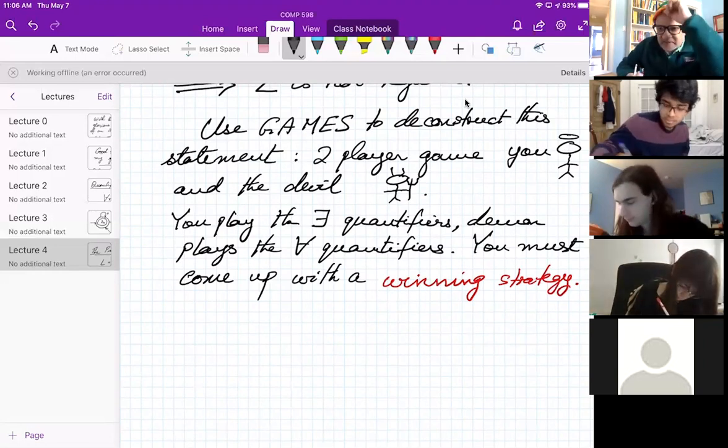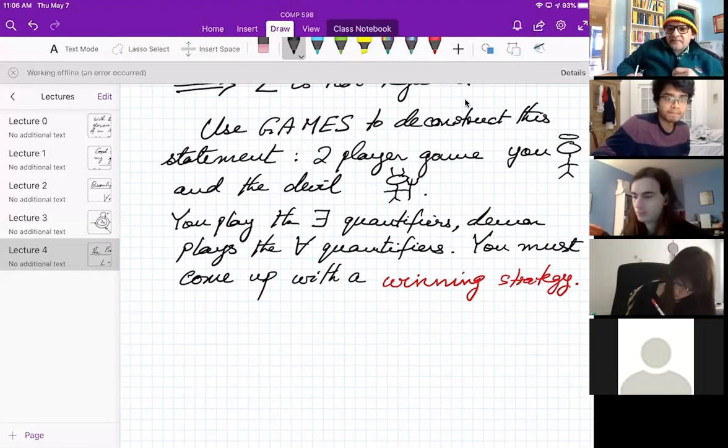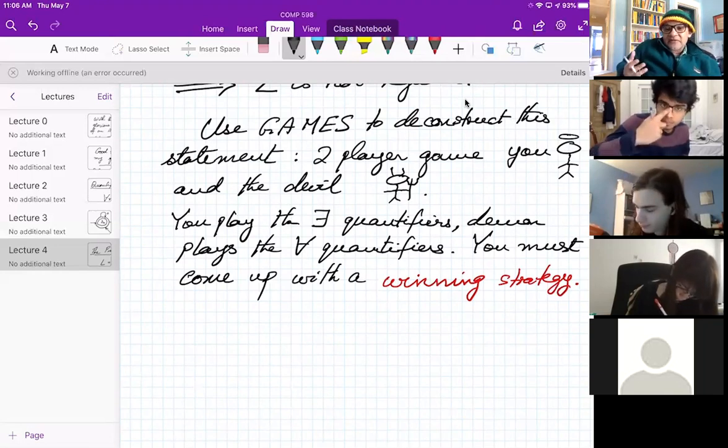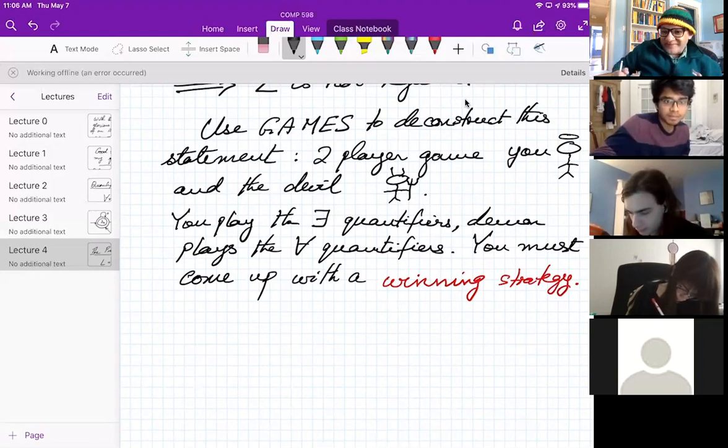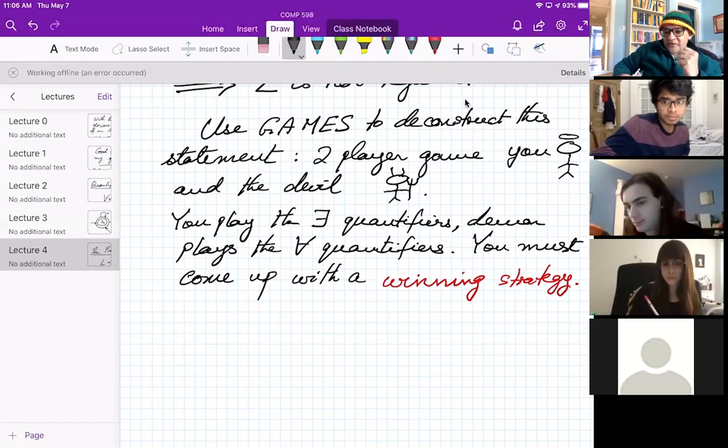So what is a strategy exactly? It's a thing that says, I have a response for any move. You can see why the demon is playing universal quantifiers, because you have to be ready for anything. So you can see that the notion of universal quantifier is built into the notion of your enemy, right? Because your enemy is trying to choose anything it can to try and screw you over, right? And you have to be ready for it. That's the only sense in which you can have a winning strategy.